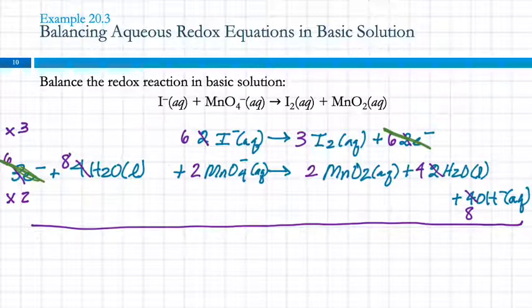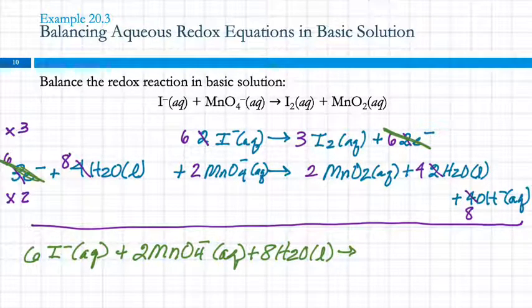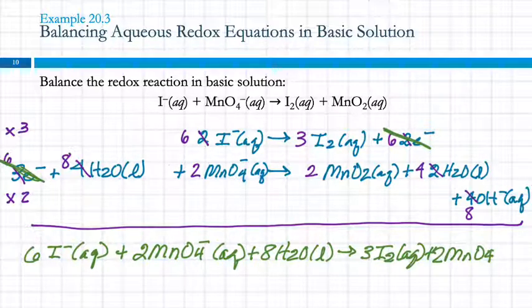So I've got 6 I minus aqueous and 2 MnO4 minus aqueous and 8 waters. And that's going to make 3 I2s and 2 MnO2. That's not a 2, that's a 4.